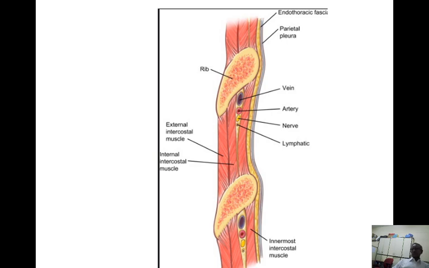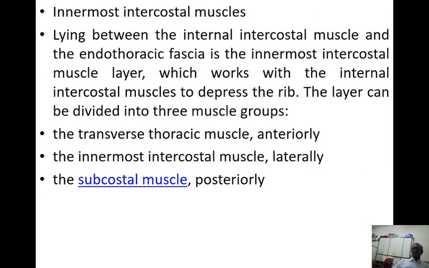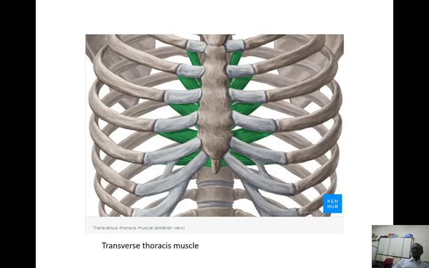And then the innermost is from the upper lip of the intercostal groove and the innermost part of the rib below. Of course, this is the chance for communication.